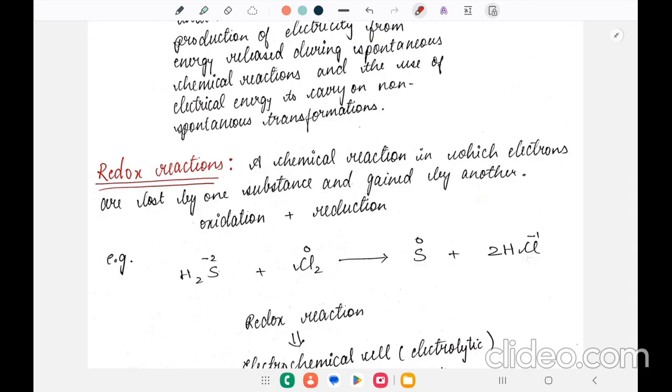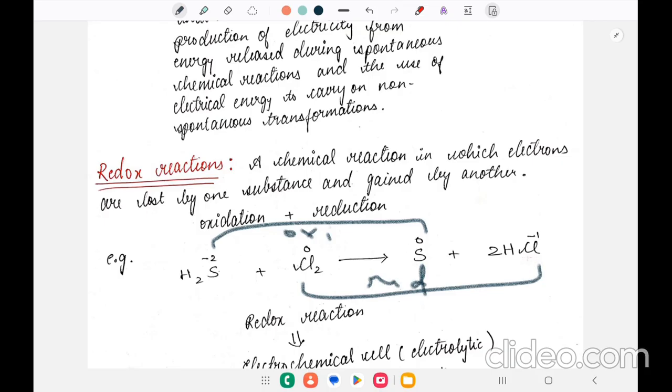Let's take an example. Here we have H2S plus Cl2 giving S plus 2HCl. Here, H2S is going to lose its electrons, meaning oxidation happens, while Cl2 will gain electrons, that means reduction is happening.